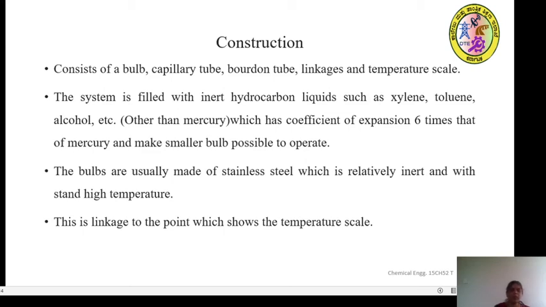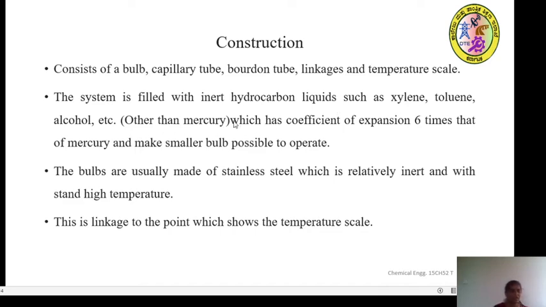They should not freeze at low temperature, which is why water is not suitable. Understood? So we are using inert hydrocarbon liquids such as xylene, toluene and alcohol.